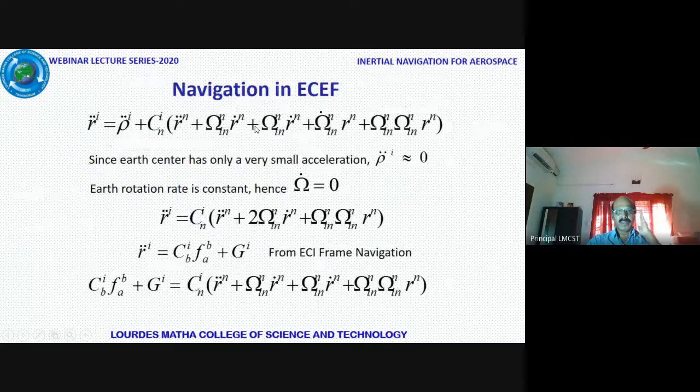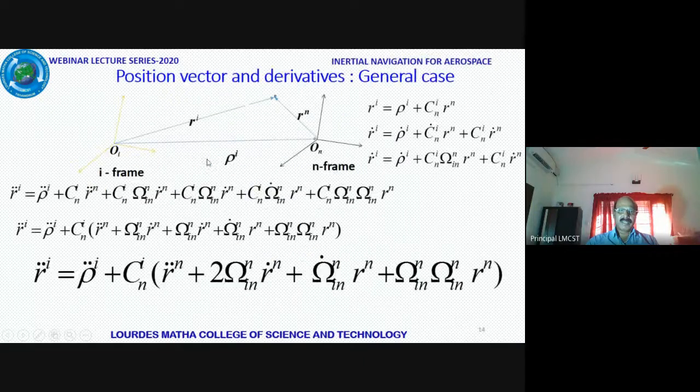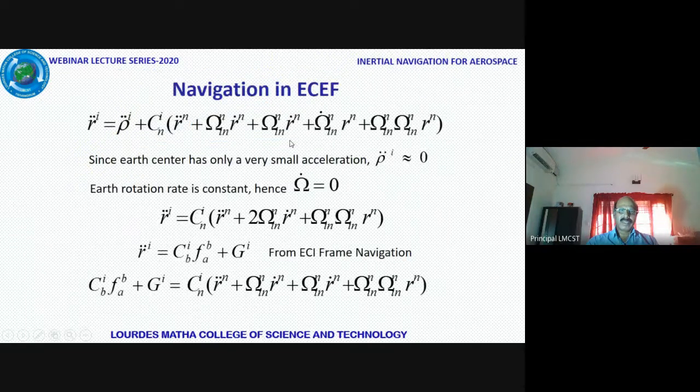Now, I make some simplifications. Here, the two frames considered were separated by a rho. But here, we don't have that, because they are centered, the origin is the same. There is no separation. Therefore, rho is 0, rho dot is 0, rho double dot is 0. So therefore, this term is not there.